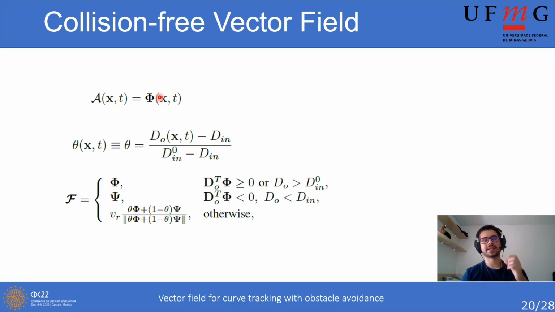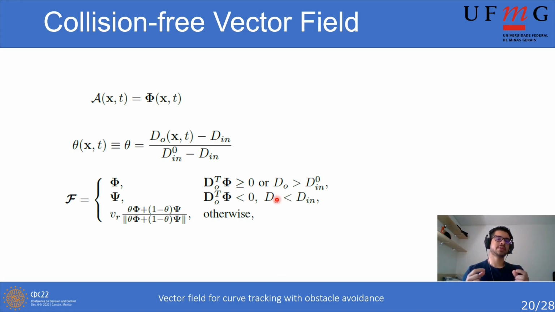But when there is an imminent collision, when we are very close to the obstacle, below another threshold smaller than the previous, and the distance to the obstacle decreases when we follow the curve, we try to circulate or circumnavigate the obstacles in order to reach its avoidance.